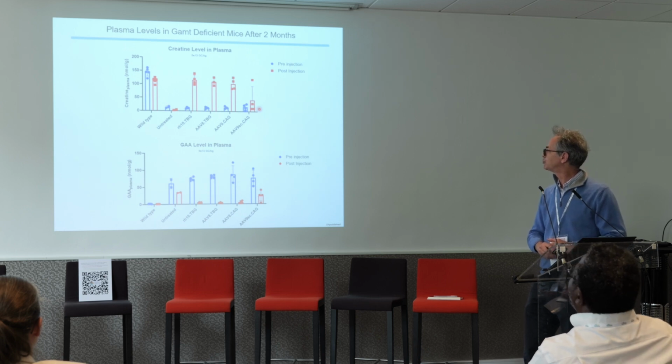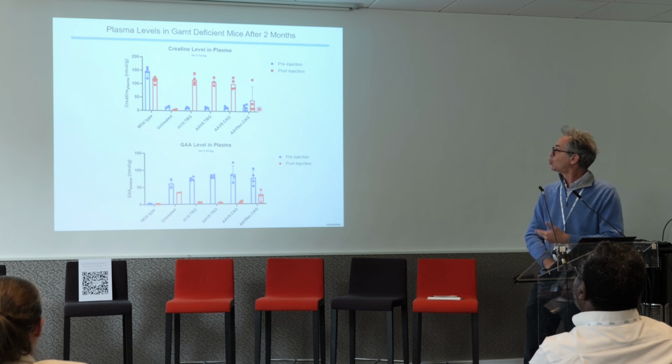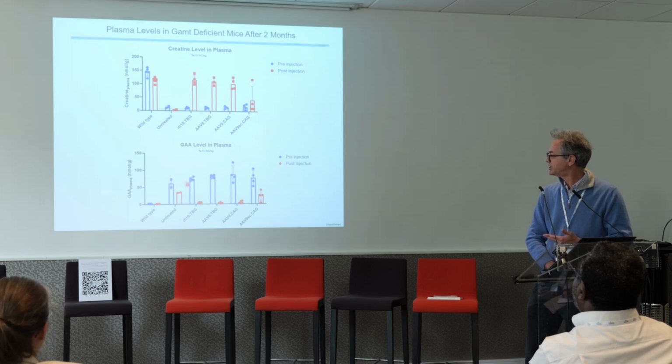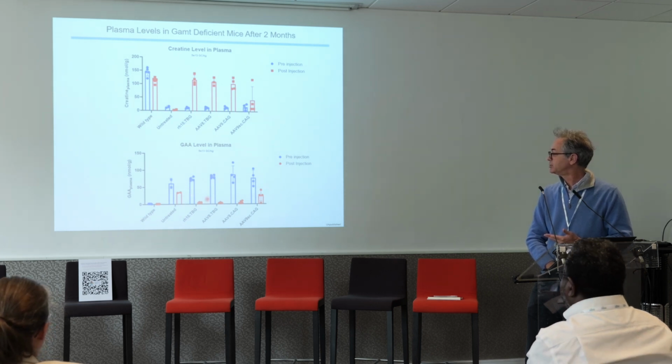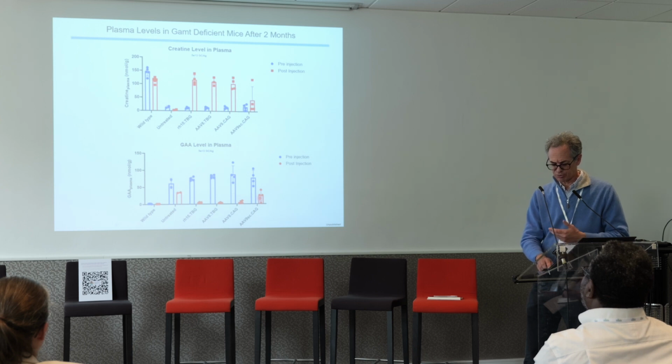Didn't seem to really improve it. But we see that the different vectors work similarly to the first vector that I described. And similarly with the GAA levels, we can continue to cause them to be essentially completely eliminated in the blood with these new vectors, except for, again, the one that we tried to make an improved gene itself.